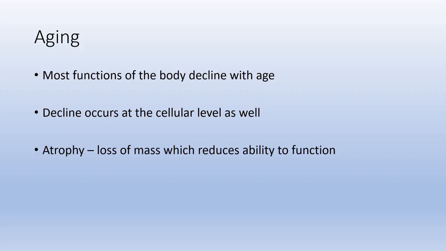Loss of mass, you're not using it, that organ becomes less efficient, and so it doesn't function as well. And you get caught in a kind of cycle. If something's not functioning 100%, it may hurt. May make you sore, so then you don't want to do something that makes you hurt, so then you use it even less, and you get caught in this cycle.